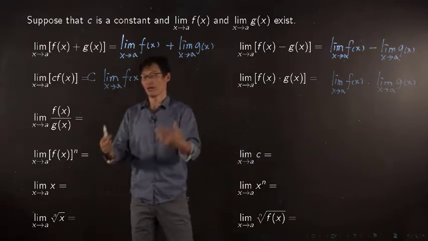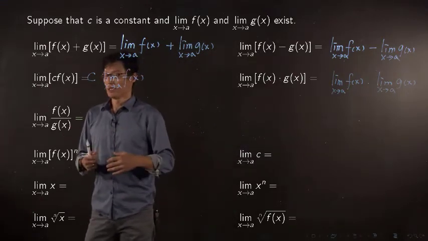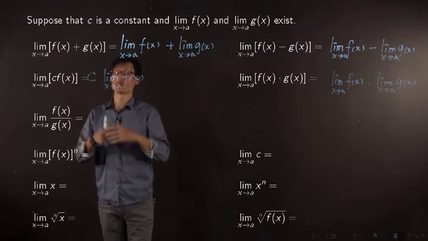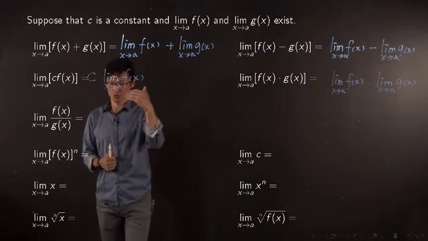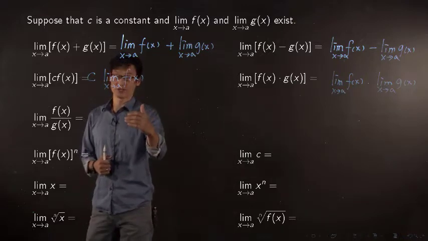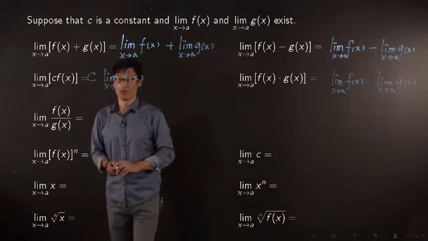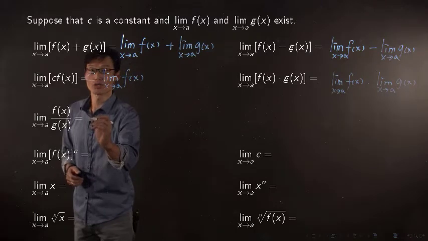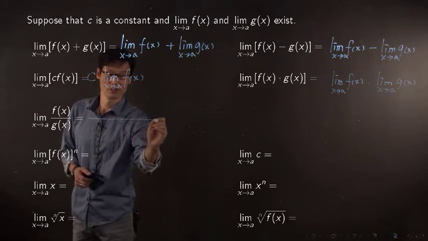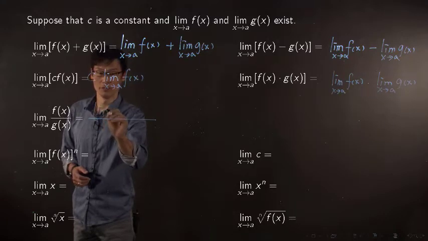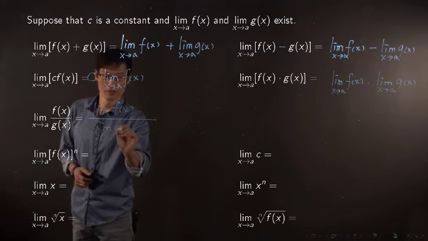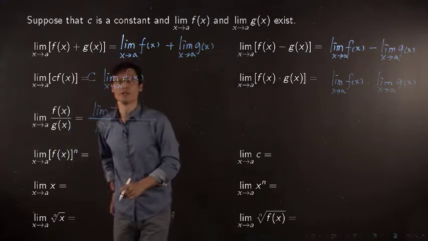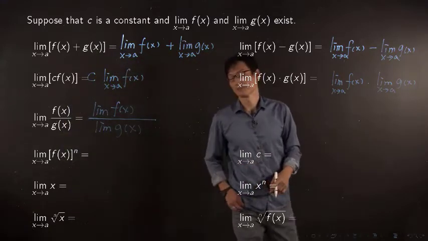When you have a quotient, we want this to be the quotient of limits. Actually, that is true as long as the denominator is non-zero. So the limit of a quotient is the quotient of limits: the limit of f over the limit of g. Let me emphasize this.